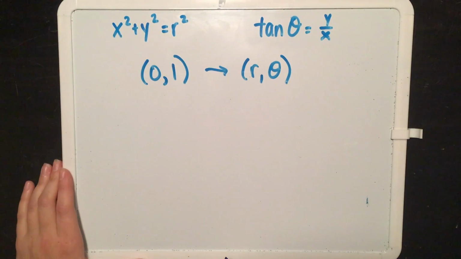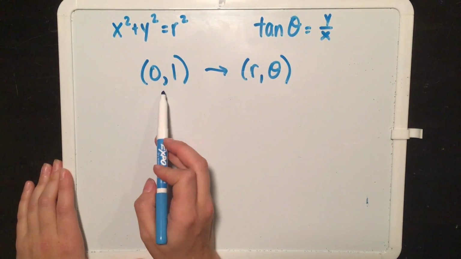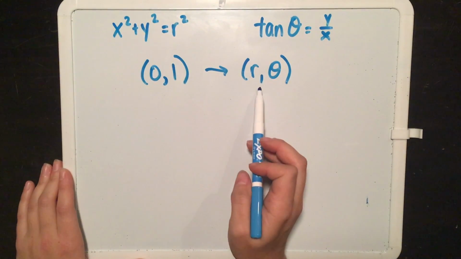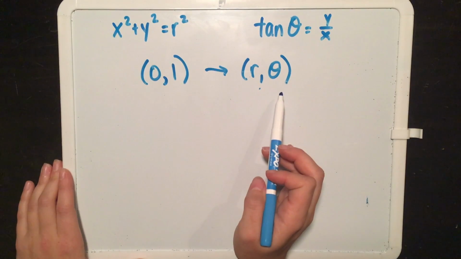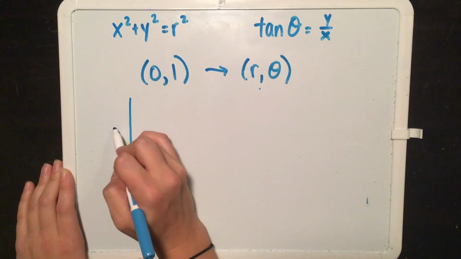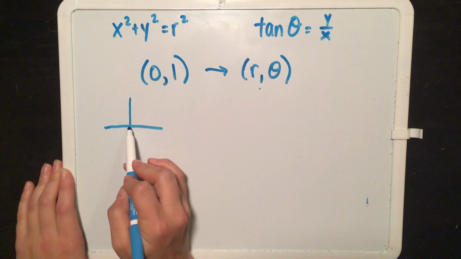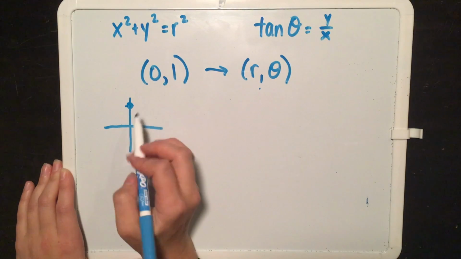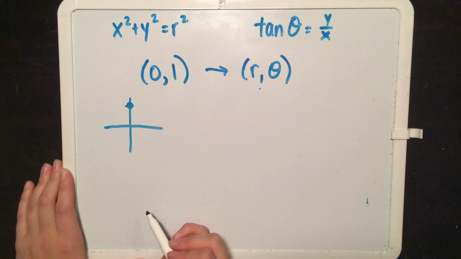In this first example, we're going to convert 0, 1 rectangular coordinates to r, theta polar coordinates. Now, if we look at 0, 1 on a graph, 0 in the x direction, 1 in the y direction, we can figure out our r and our theta just by looking at this graph.